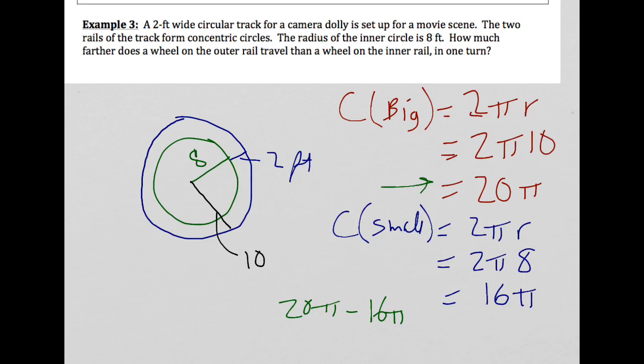So when we take 20 pi minus 16 pi, we would be left with 4 pi. Or, if it asks you to round, that'd be approximately 12.6 feet. Since we're just talking about a linear distance, the unit on that will be feet and not feet squared or square feet, as more people might say, unfortunately for some of you.